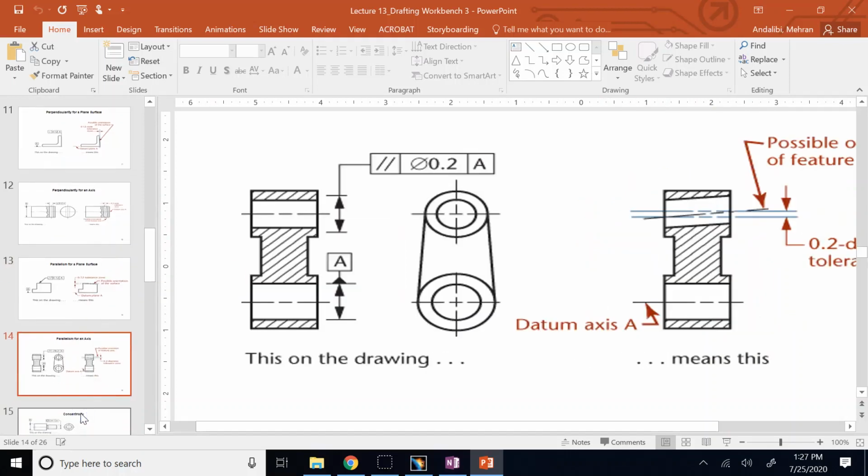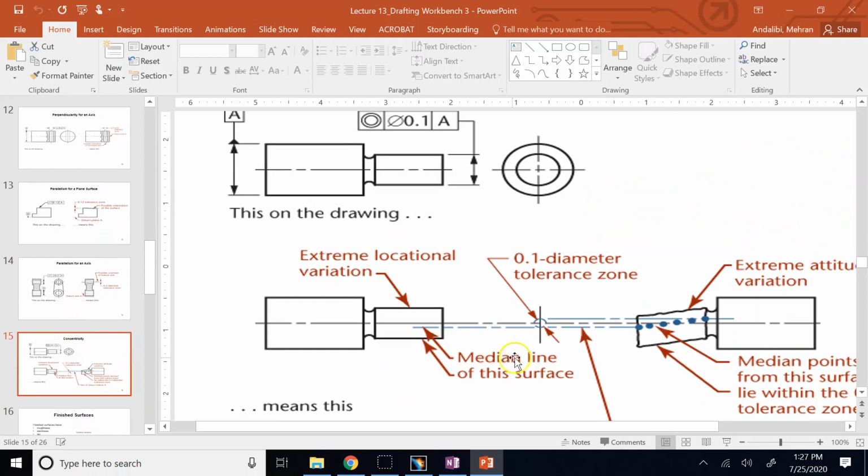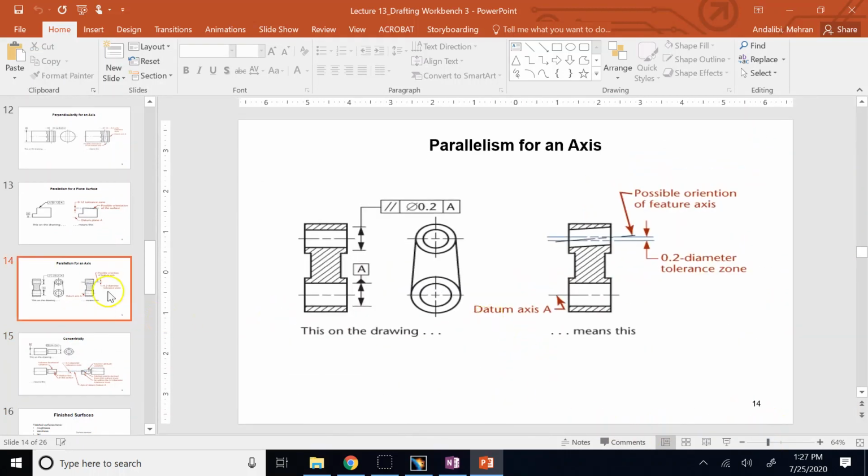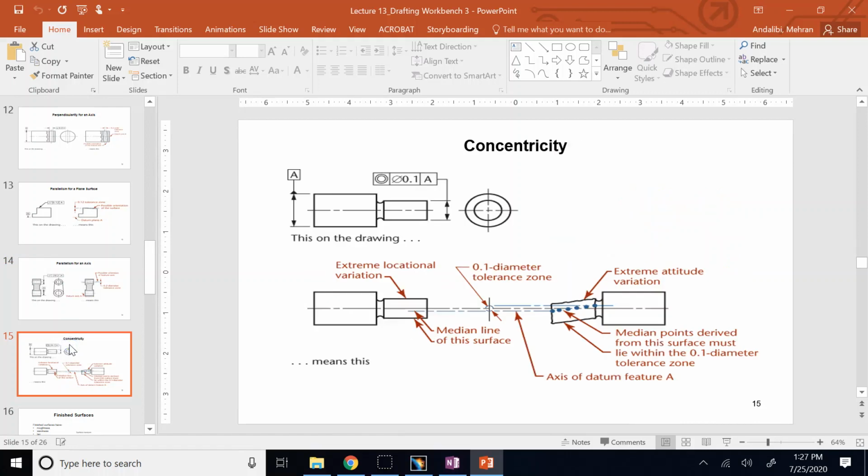Or another one, for example, concentricity, right? When I say I want the smaller circle to be concentric with the bigger circle, what does that mean? It means if you look at it from the side, and the two parts of the shaft are not made perfectly like this, they're made like that, so these are not concentric.